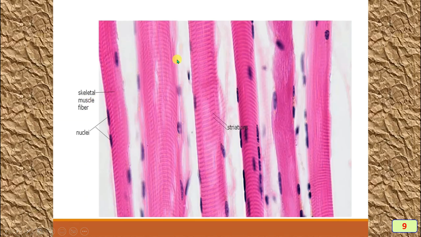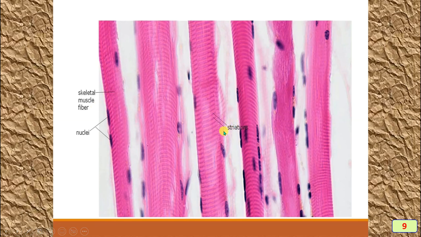So this is a photo of the skeletal muscle fiber. The bands here are very pink, and everywhere the nuclei are located far away from each other. Here you can see the striations in the skeletal muscle fiber, and there is connective tissue in between.